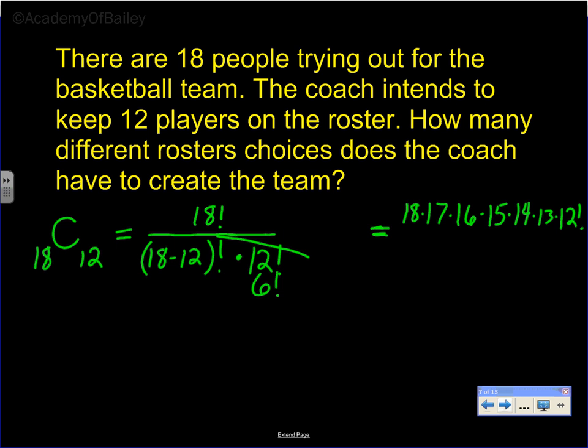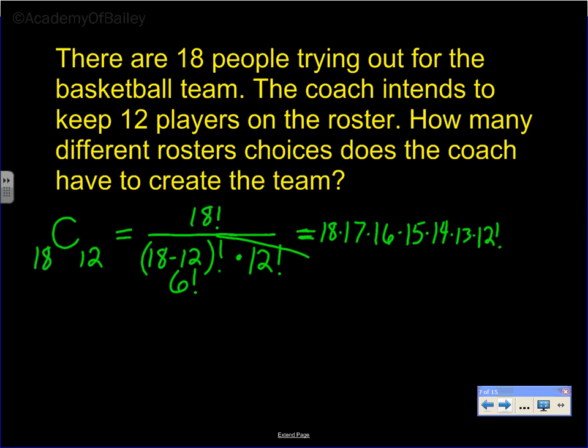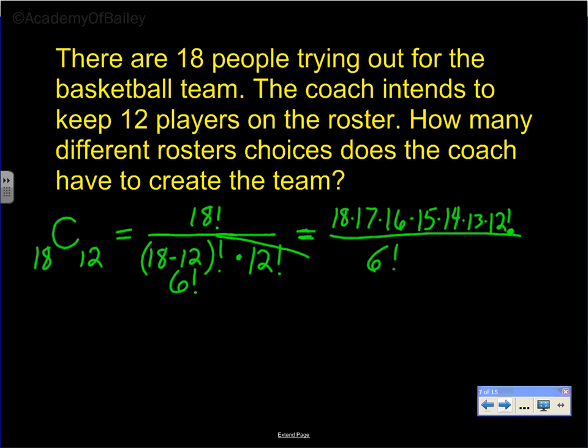Try and get all this over here so that it doesn't run out of room. Okay, and now on the bottom, you might ask, why did I stop at 12 factorial? Because let's look at the numbers that we have on bottom. We have 6 factorial and we have 12 factorial.